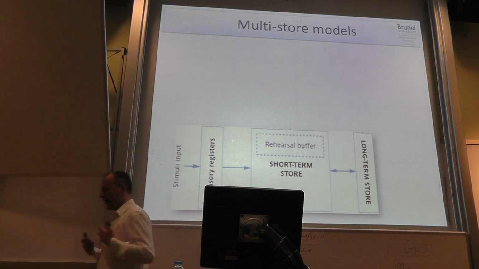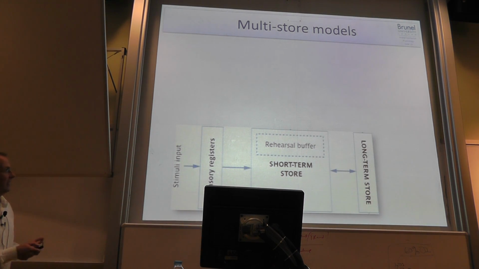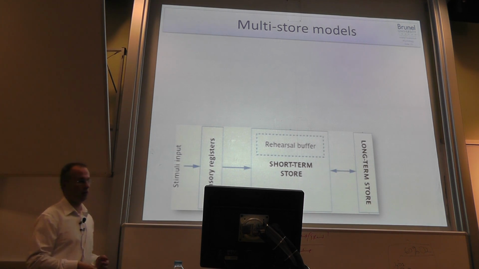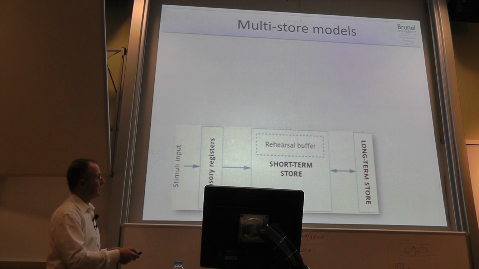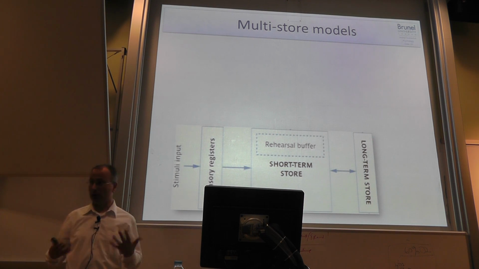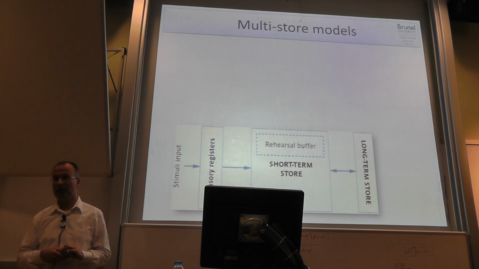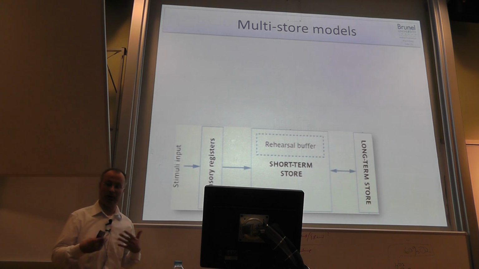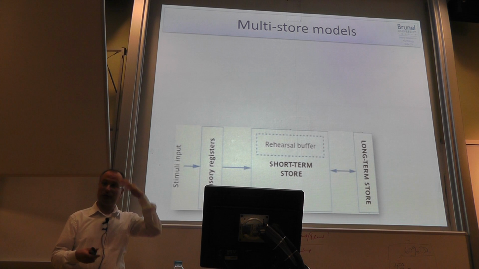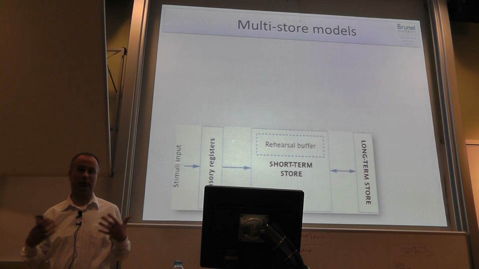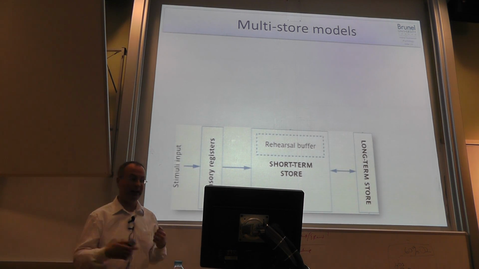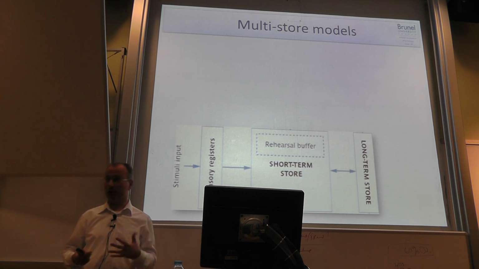Now the next element I would like to introduce is the long-term store. So according to this model, information which we want to store for the long term has to go through our short-term memory. This has been challenged with newer findings, that we can also store information in long-term memory, actually bypassing short-term memory.